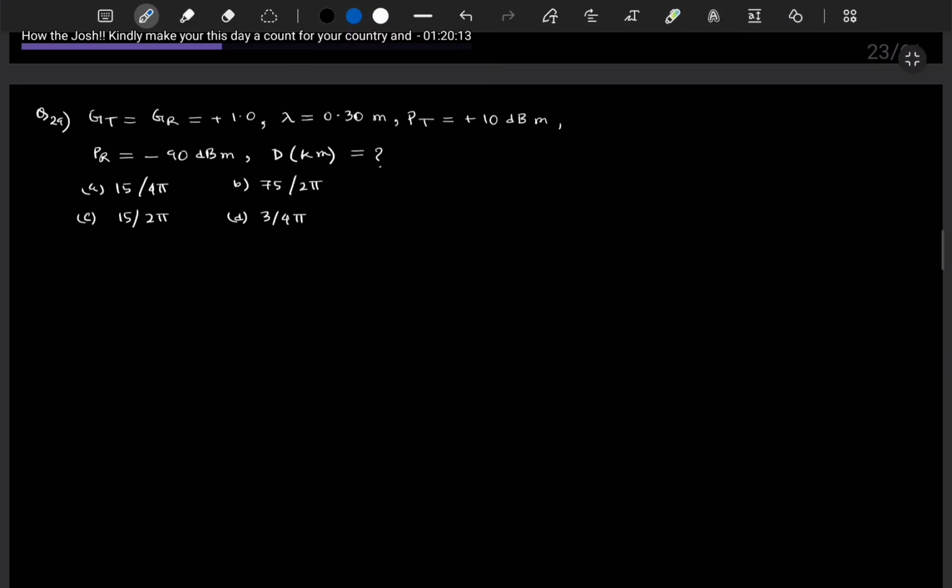So let's move on to the next. In dB these values will be 10 log base 10 of 1, that is 0 dB.